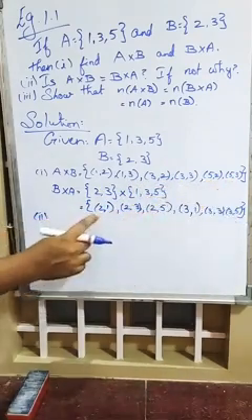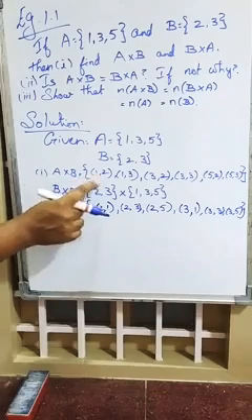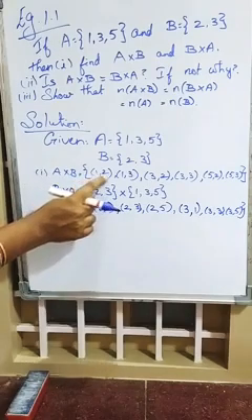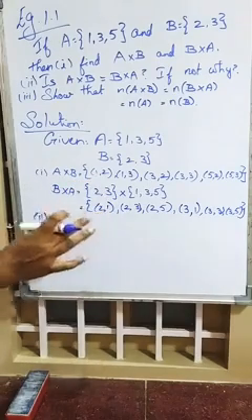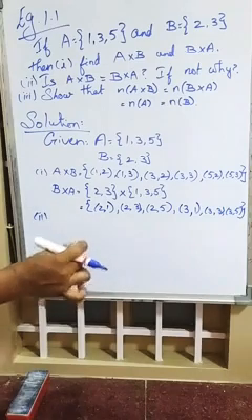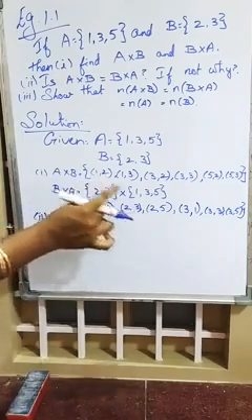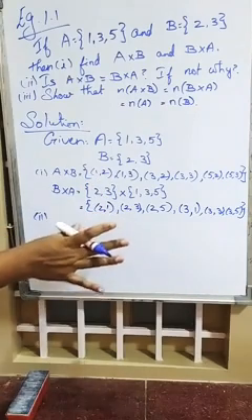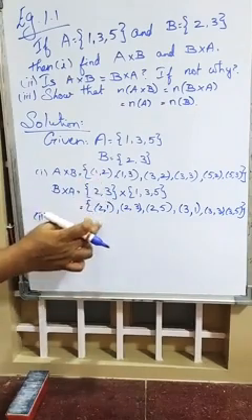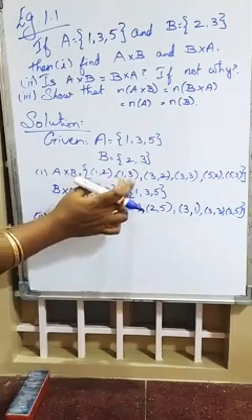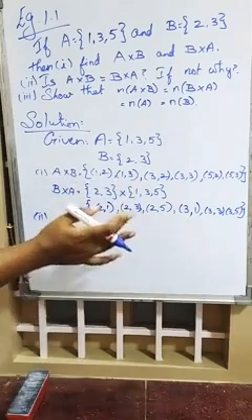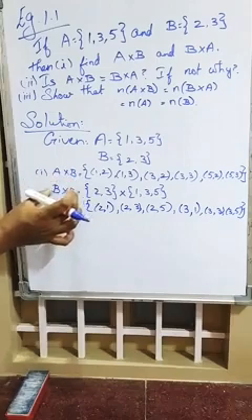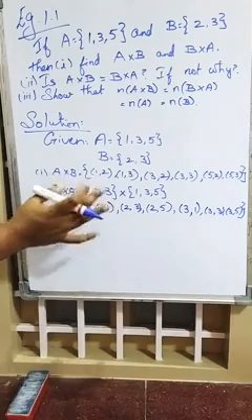Here (2, 1). See here (1, 2) and (2, 1) are not the same. If you have a doubt, you plot these points on the graph sheet. (1, 2) and (2, 1) are different. Therefore, these two are not equal. (1, 3) and (3, 1) are not equal. Therefore, A cross B and B cross A are not the same.